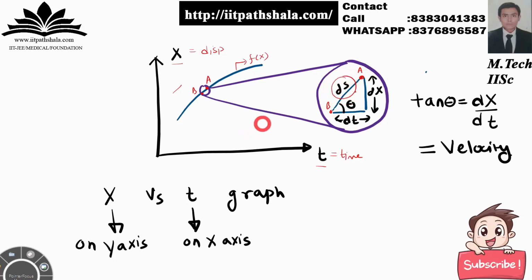On the displacement axis the length will be dx, and on the t-axis the length will be dt, where dx and dt are very small lengths on the displacement axis and on the time axis, if you just plot them. So this is your dt, this is your dx.